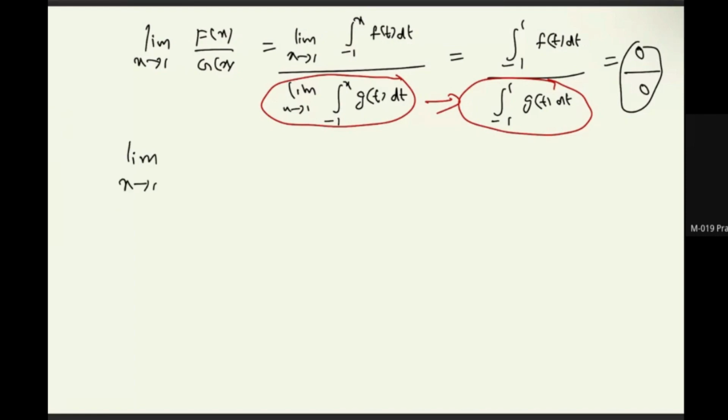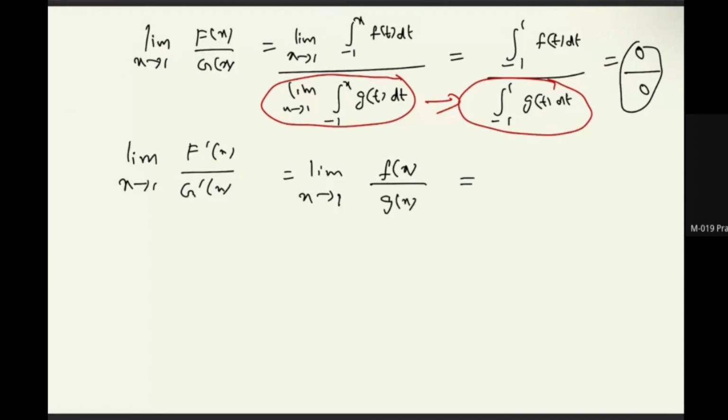Exactly. So by L'Hospital's rule, this is the same as f dash x by g dash x. Now, what is f dash x? Exactly, by the fundamental theorem of calculus, this is f of x, and this is g of x, again by the fundamental theorem of calculus.